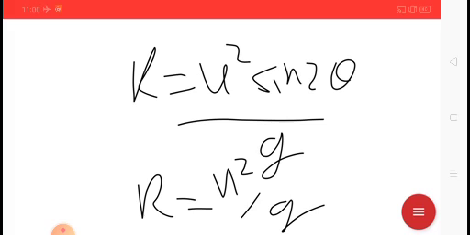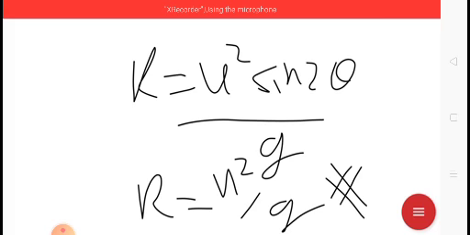So you do not need to care about the theta. If you want to find the maximum range, you just take the original velocity, square it, and divide by the gravitational acceleration, so that will be your maximum range. Okay, so these are the things that you need to know.